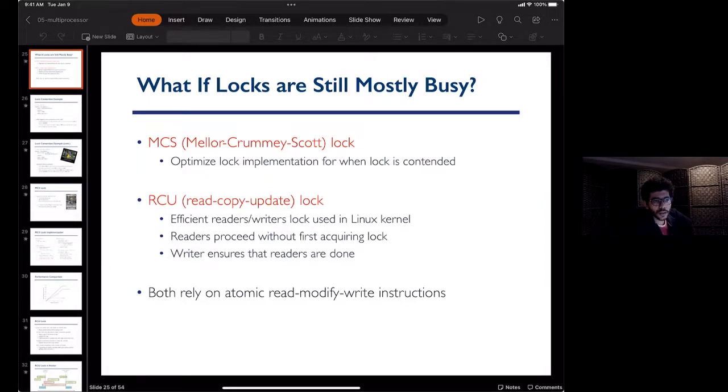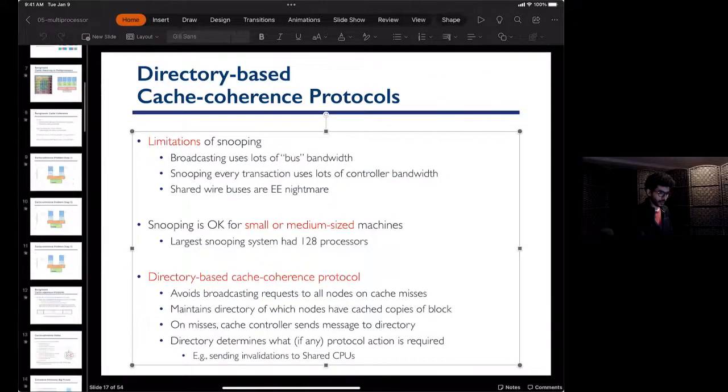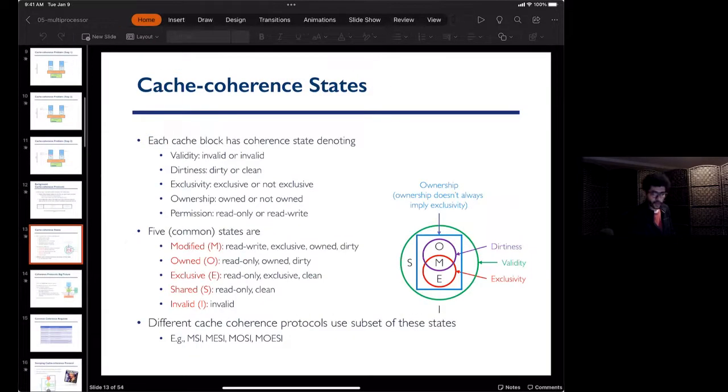Let me look at this question. I'm still a little confused about the definition of the owned state. It's defined as both read-only and dirty. But my understanding of dirty is that... okay, let me go to the beginning, see if I can answer this question.